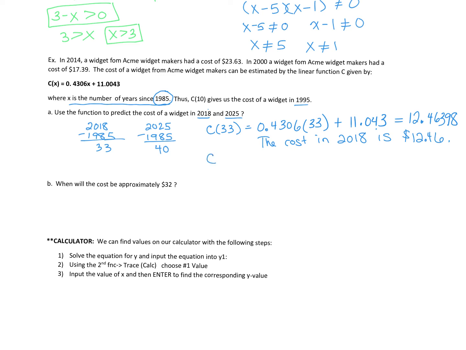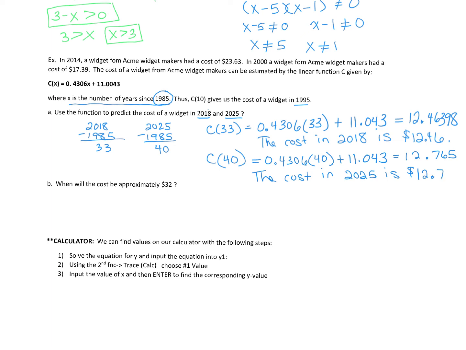We can also find the cost in 2025 by plugging in our 40 and getting 12.765. So the cost in 2025 is $12 and we'll round 77 cents.